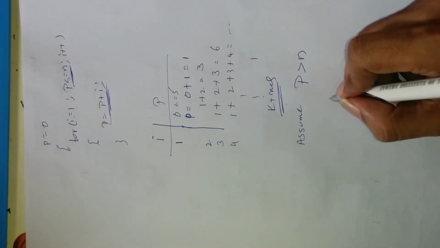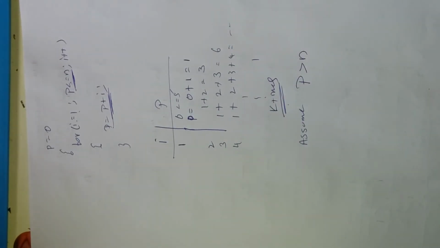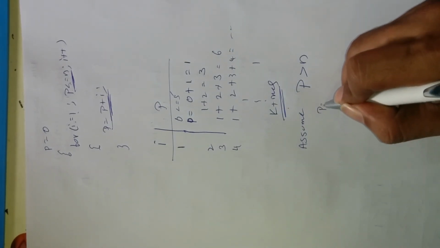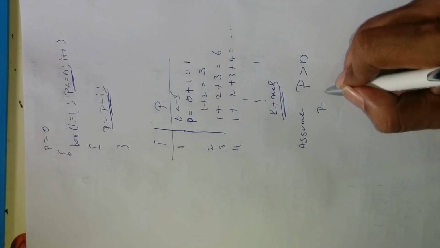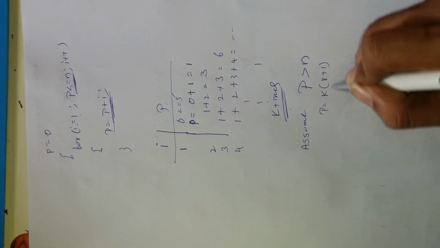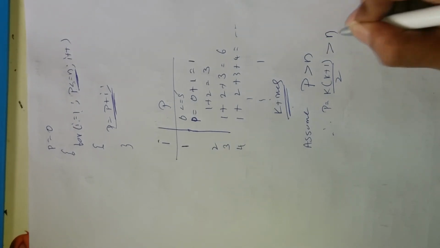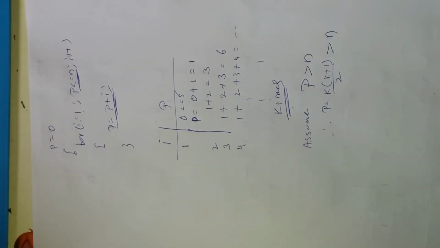So P is equal to 1, 2, 3, 4, 5, 6 up to k times. So what is the value of P? We are writing k times. K into k plus 1 by 2. Clear? Therefore, P is equal to k into k plus 1 by 2 greater than n. Clear? Now, what is the order of this problem?